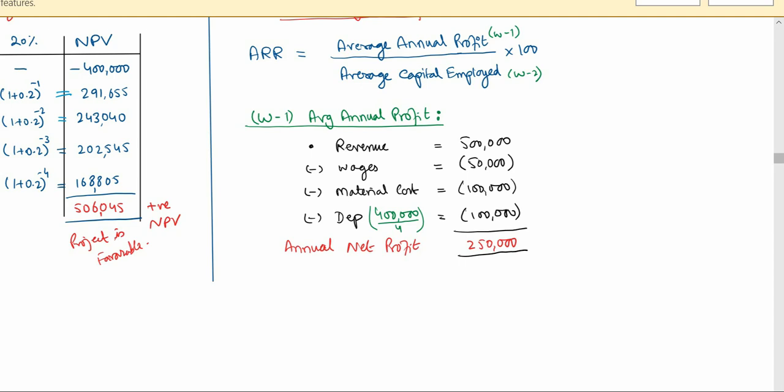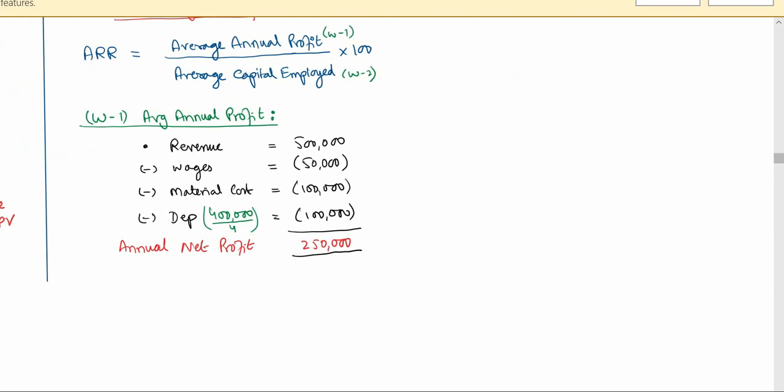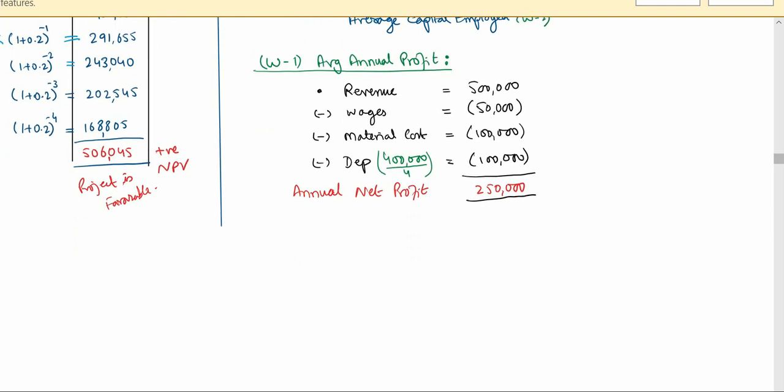The formula for capital employed is equity plus non-current liability.